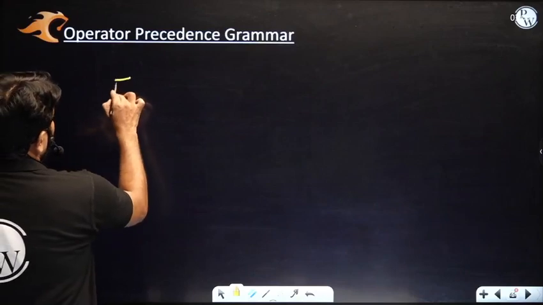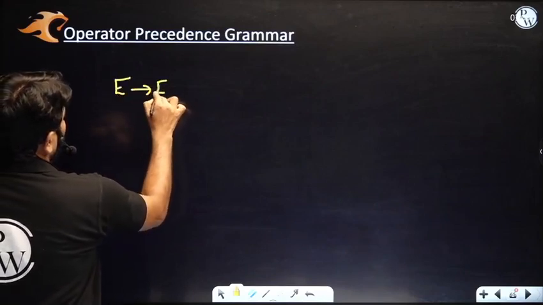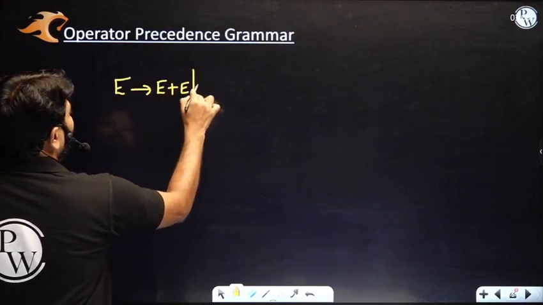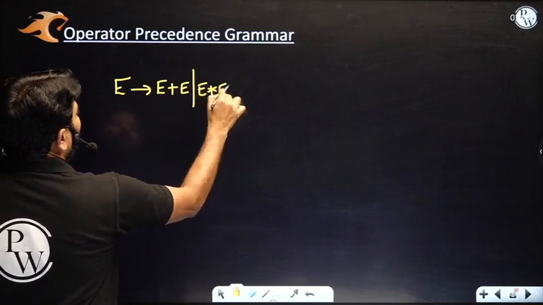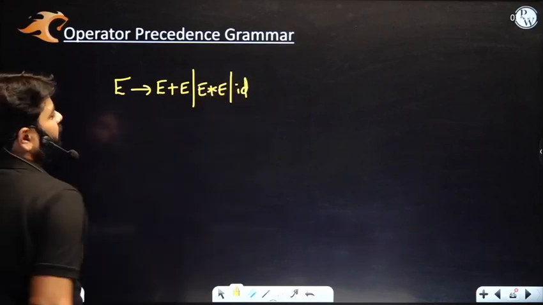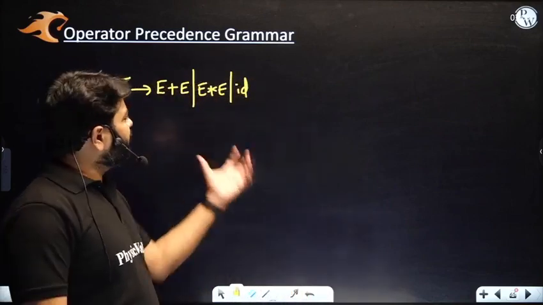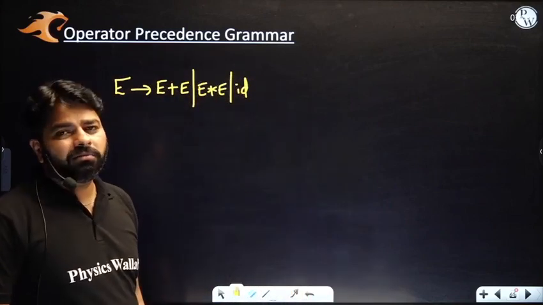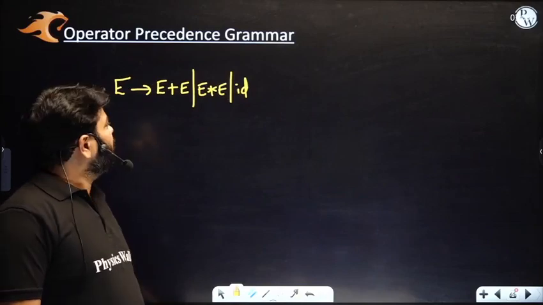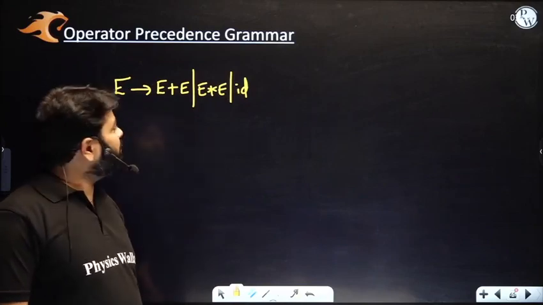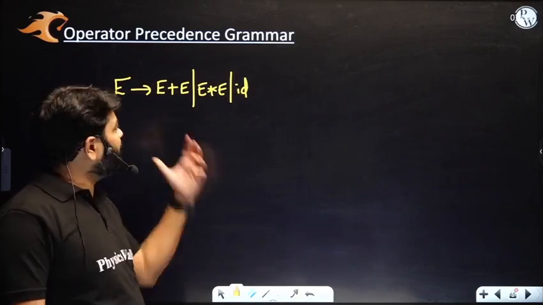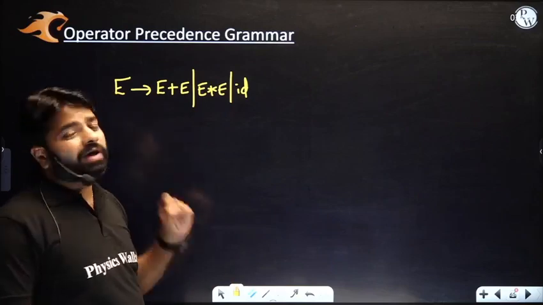Example I can give you: E derives E plus E or E star E or ID. Here you can't compute the precedence rules. If you try to compute it, you'll get multiple answers. Sometimes you see plus left associative, sometimes right associative, because of ambiguity.